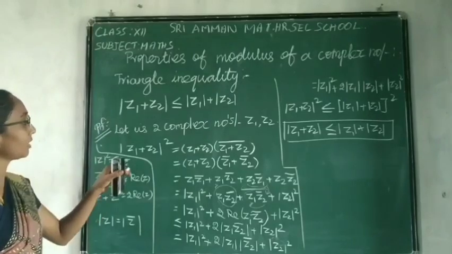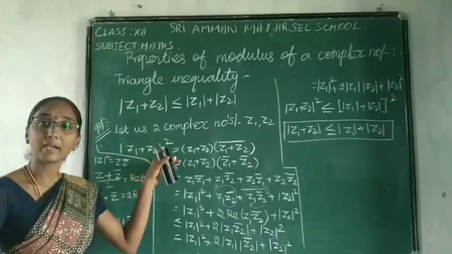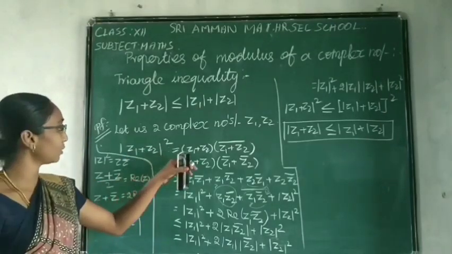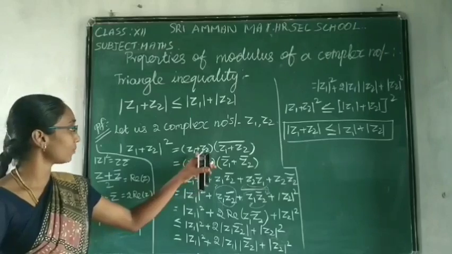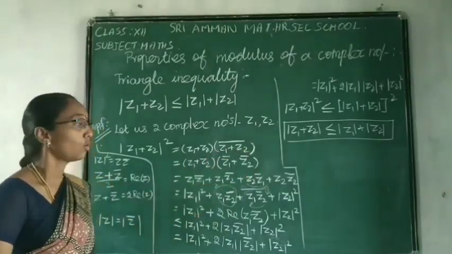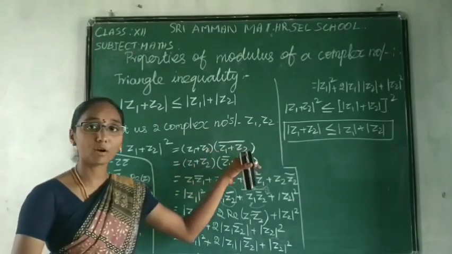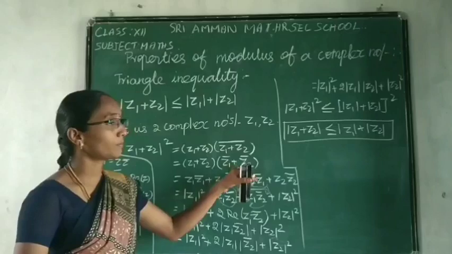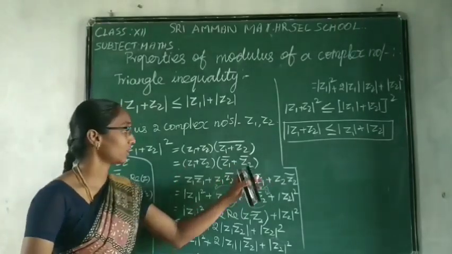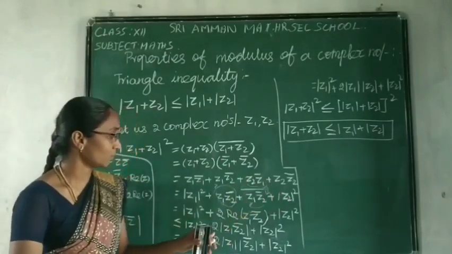So z1 plus z2 gives again a complex number, and its modulus square equals z1 plus z2 into the whole conjugate of z1 plus z2. Separating the conjugate, it is z1 bar plus z2 bar. Next, z1 z1 bar plus z1 z2 bar plus z2 z1 bar plus z2 z2 bar.